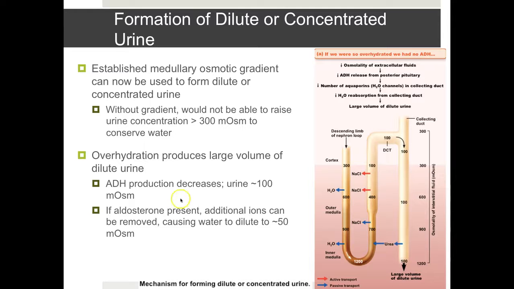But in this case, since we don't have ADH or have a decreased amount of ADH, our additional ions can be removed, and that causes the water to stay in our tube, in our nephron, and dilutes our urine.